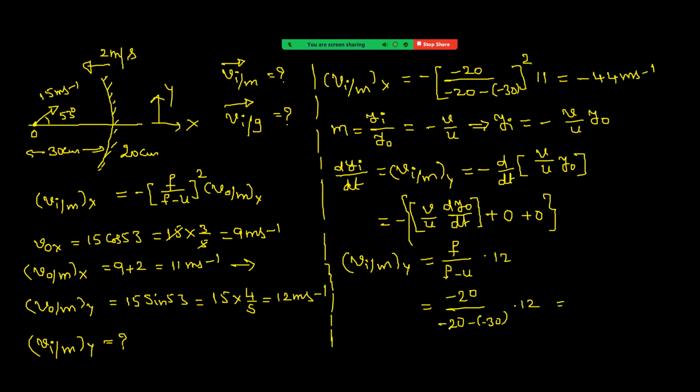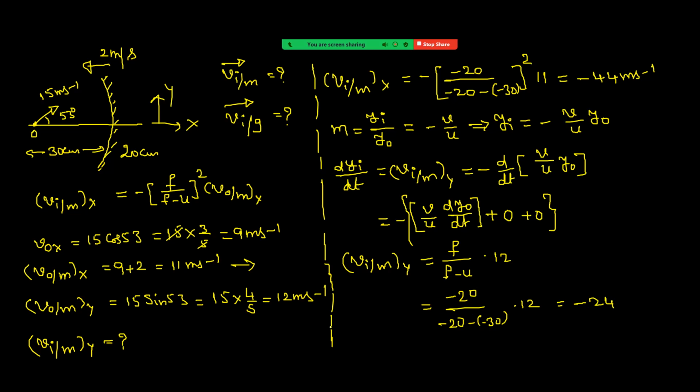This is now minus 20 plus 30. This is plus 10, and this is minus 20. Minus 20 by plus 10. This is minus 2. That means it is now minus 24. Minus indicates that this is now along the negative y-axis.